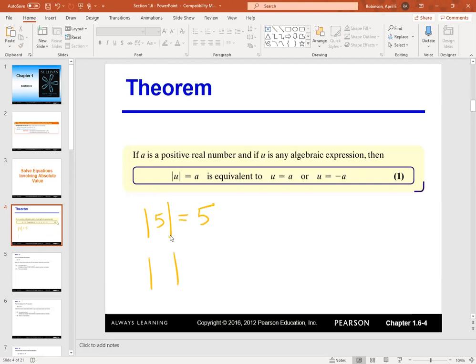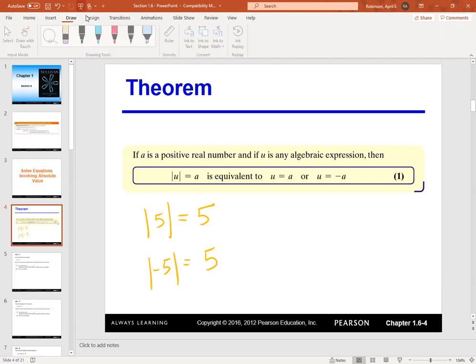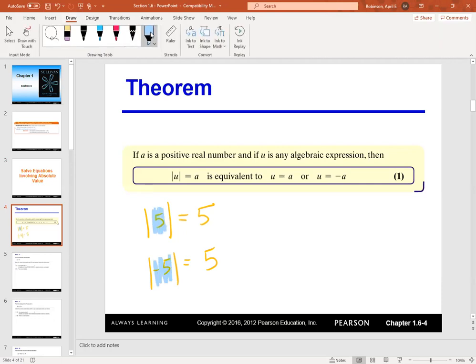However, the absolute value of negative 5 is also 5. So when you solve an absolute value equation, there are two possible answers, the positive and the negative value, because what's inside the absolute value could have been positive or negative before you took the absolute value.